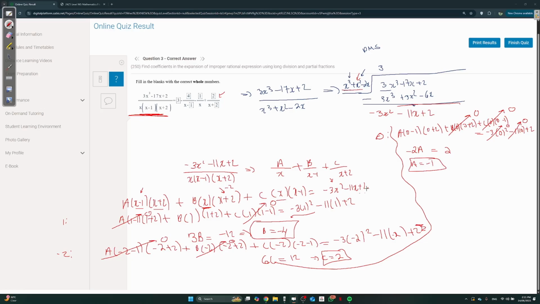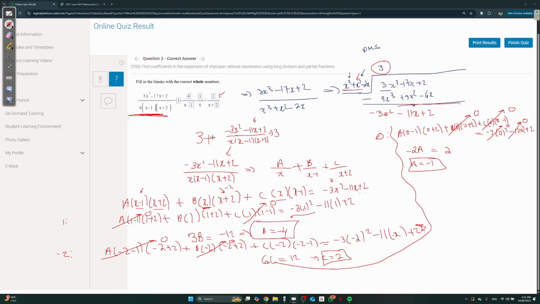So we finished our partial fraction decomposition. We have this 3 here, 3 plus the remainder, which is this. And we decompose this fraction into a over x plus b over x minus 1 plus c over x plus 2.